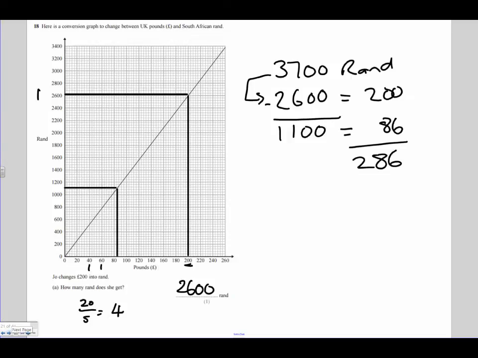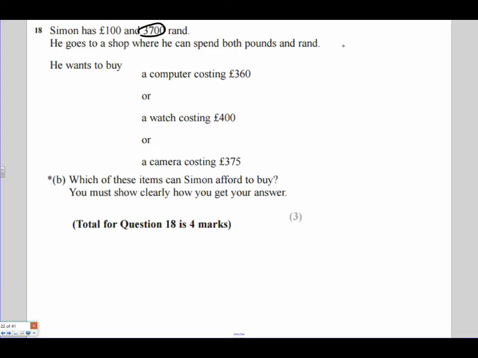Now we can go back to the second part of the question with our 286 pounds, which is our 3,700 rand, plus our £100 we have in UK cash already. Add them together and we have £386.